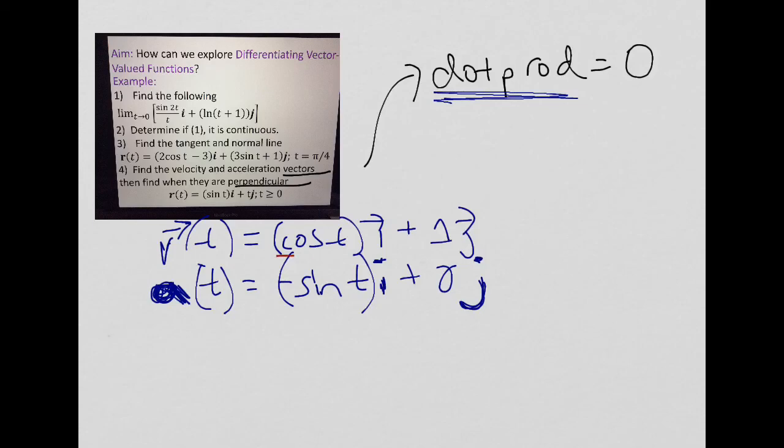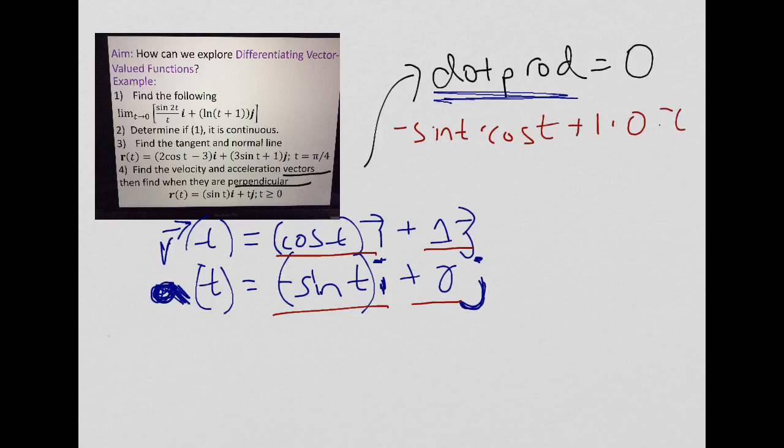The component for vector i in vector V and the component in vector i in vector A will be multiplied together. Very similarly, the component in vector j in each will be multiplied together. You might imagine that if that's multiplied together, that's 0, then everything just goes away. Well, that's not true, because what you do at this point is just add it up.